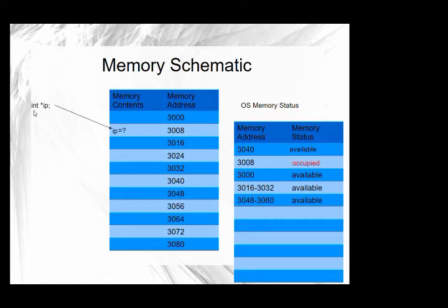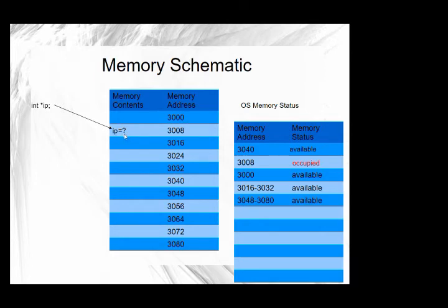So we did a declaration of an integer pointer. We've already seen that. That would simply be the operating system deciding to put that in memory address 3008. But that's the address of the IP variable itself, not of where it's pointing to. We'll see how that works in a moment. We just want to note that the operating system knows where the IP variable lives, at this location.